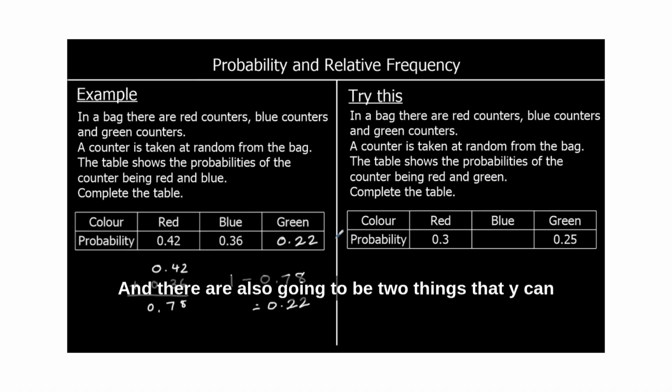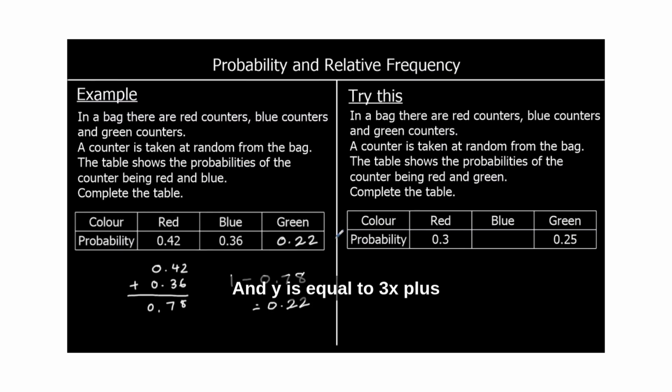Here's a question for you to try. So complete this table. So we can see that we've got 0.3 and 0.25. That's the same as 30% and 25% if we were doing it in terms of percent. So 0.3 is the same as 0.30.